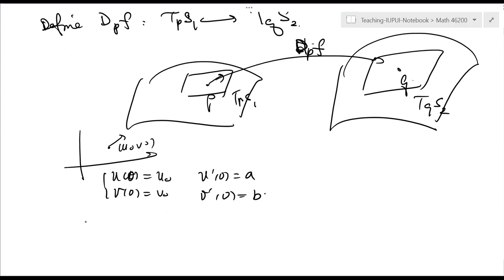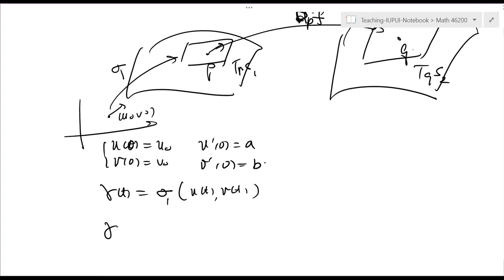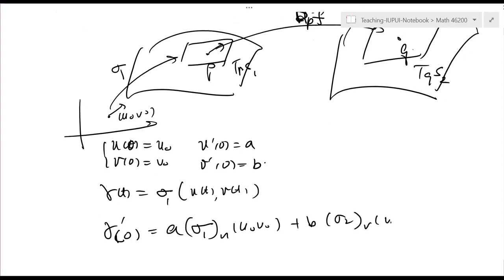So here, how do we do that? This gamma(t) is going to be sigma 1 of (u(t), v(t)), okay. So the vector in S1 is going to be A sigma_u plus B sigma_v, right?